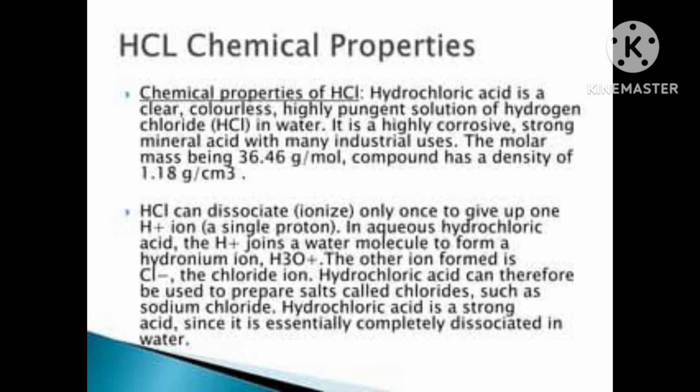And for platinum in aqua regia, nitrate ion and chloride ion are always present. The balanced equation is 3Pt plus 16H+ plus 4NO3 minus plus 18Cl minus, giving 3PtCl6 2 minus plus 4NO, nitric oxide, plus 8H2O.